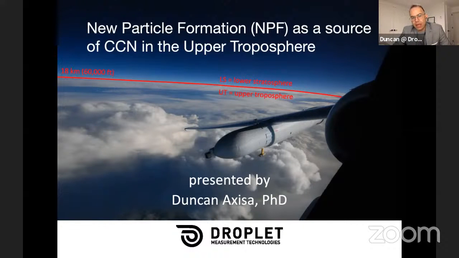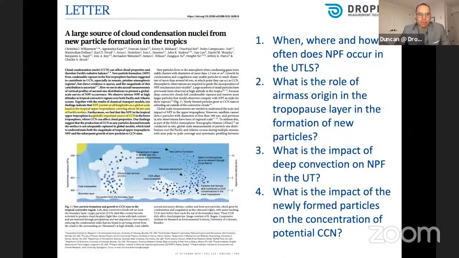So why is aerosol in the upper troposphere, lower stratosphere very important? We'll discuss that today in the context of these new particles that form through processes of new particle formation and can end up becoming cloud condensation nuclei. A lot of work has been done in understanding the fate of these aerosols once they form. So these aerosols form by a process called new particle formation, or NPF.